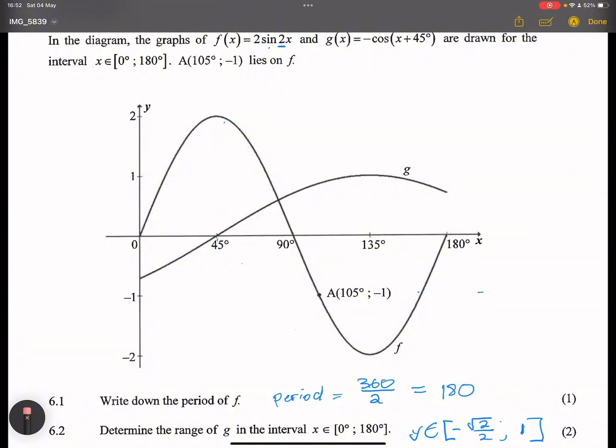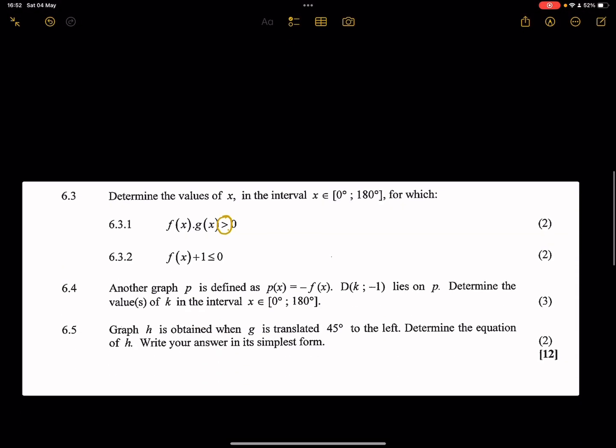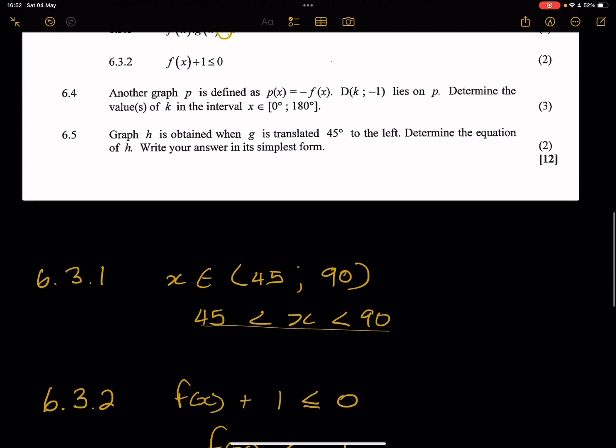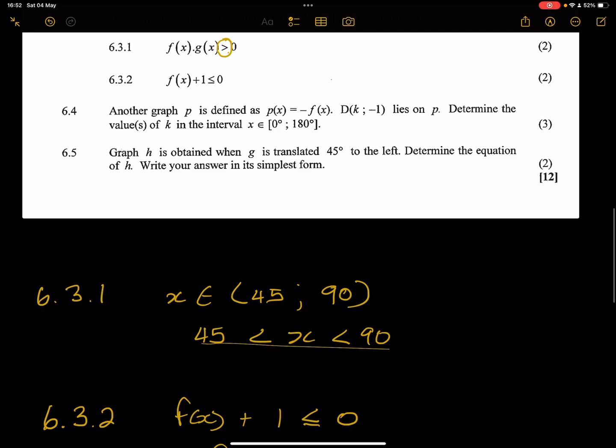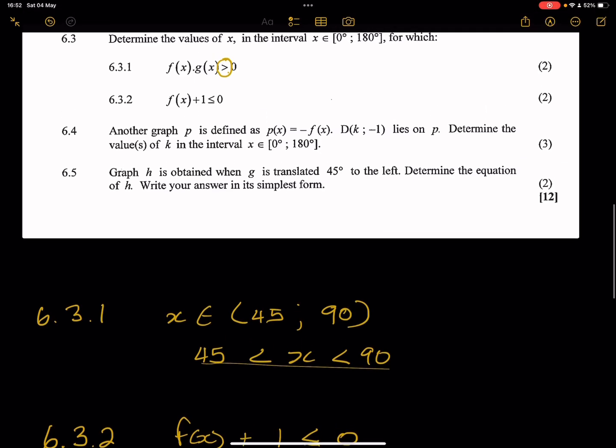So in a sense, this is the kind of graph that you would observe, a graph that would look like that. The blue graph is actually P. So they want to know, where is this graph going to have values of -1?